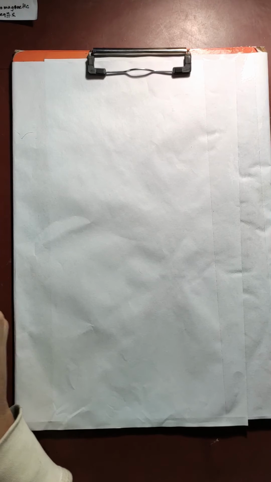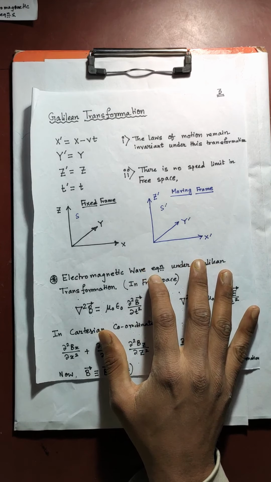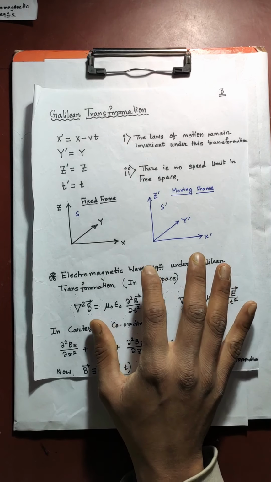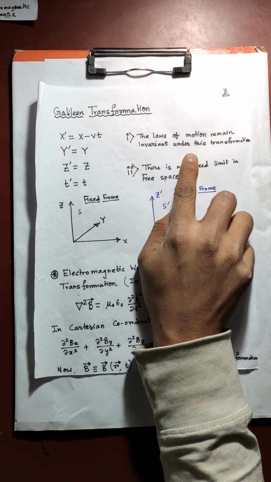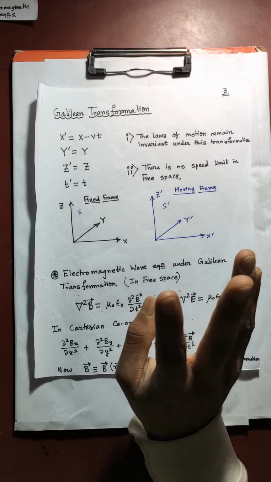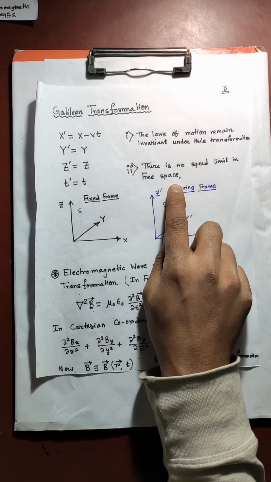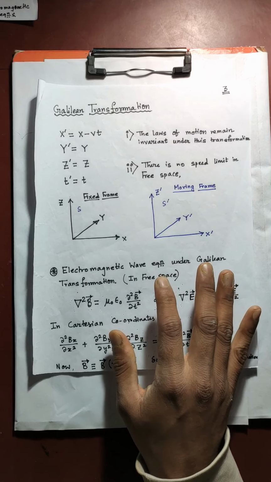First of all, let us see what the Galilean transformation is and what the postulates are under which this transformation law works. The first postulate is that the laws of motion remain invariant under this transformation. And the second and most important postulate is that there is no absolute speed limit in nature.